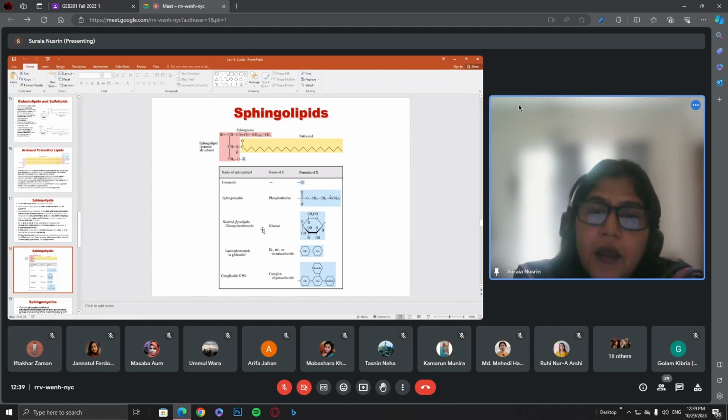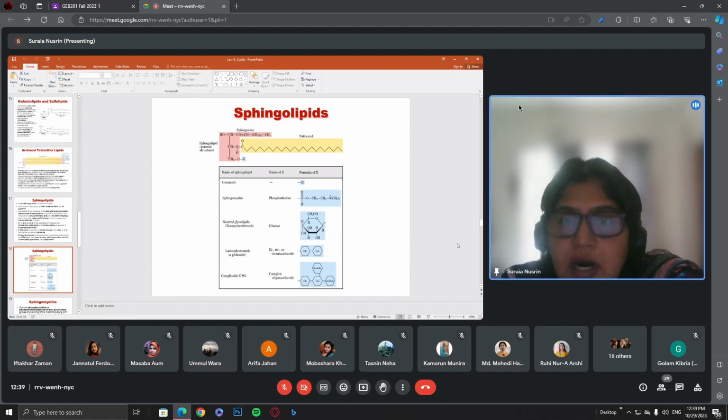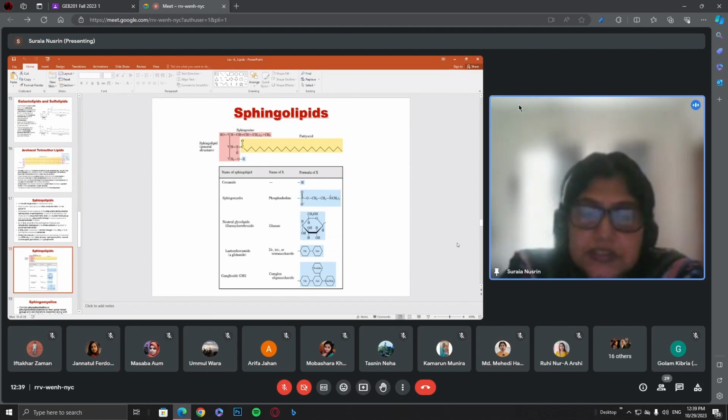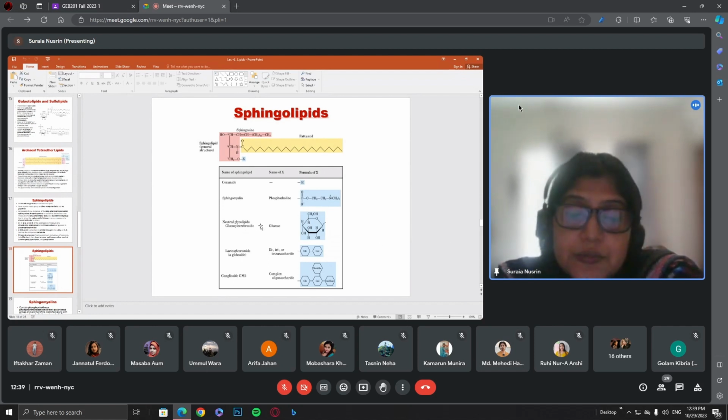Okay, so now it depends on what sugars are present as the polar head group, the name of the sphingolipid, such as if simple sugars are present, then we call them glycolipids. Okay, glycolipids, or they can also have disaccharide, trisaccharide, or even tetrasaccharide.